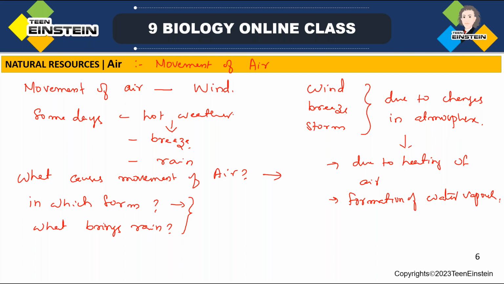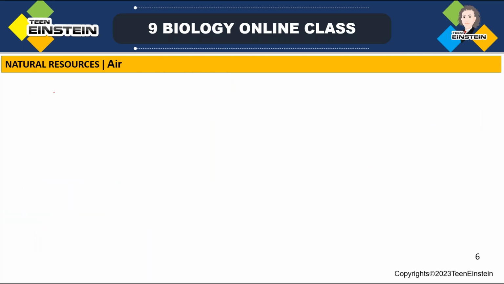Water vapor is formed due to the heating of water bodies and the activities of living organisms. Okay, so we said water vapor is forming, right? How is this water vapor forming? Due to the heating of water bodies.